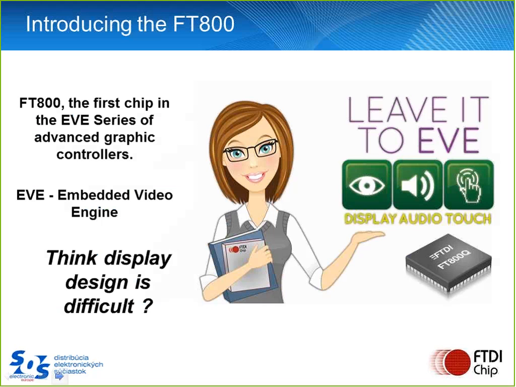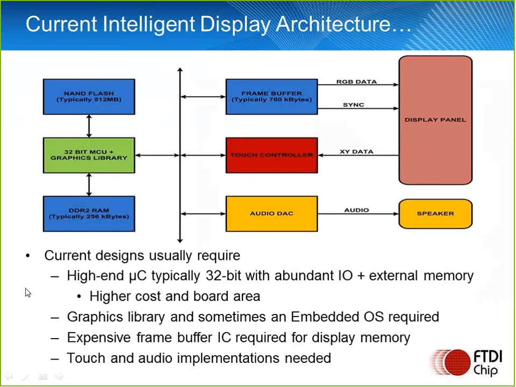So why and how did we do this? Well, quite simply, looking at this display screen here, this is a typical historical block diagram of where you would require hardware in order to achieve the high quality end product offered by the FT800 or EVE.